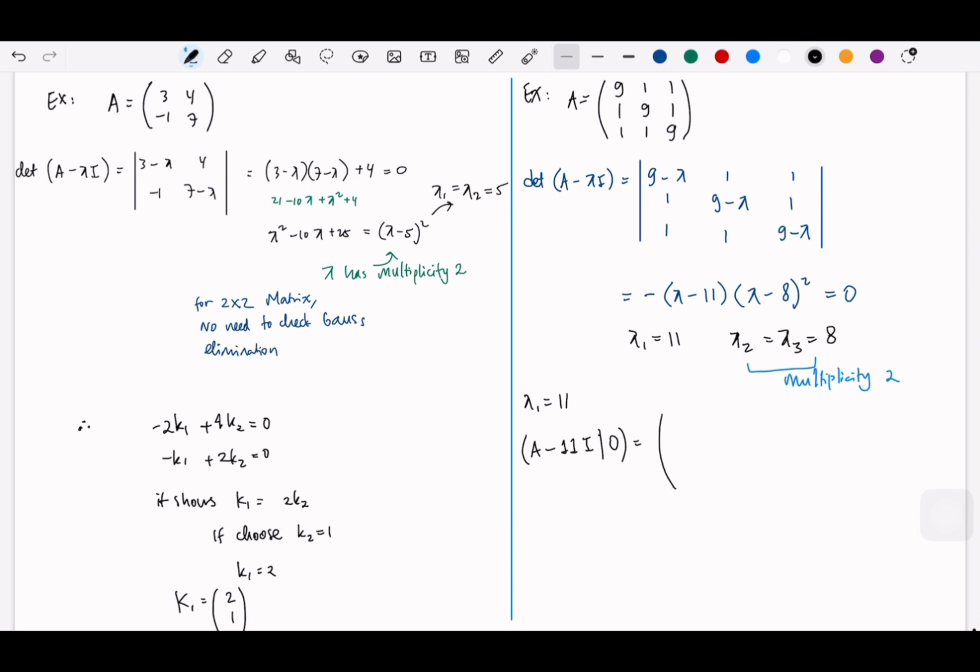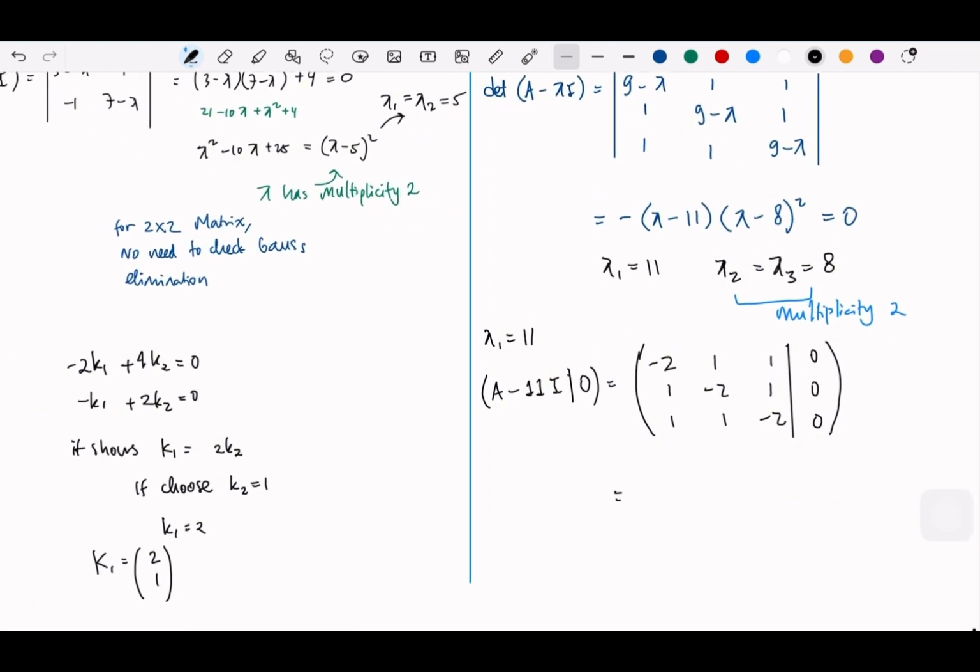This will be 9 minus 11 is negative 2, 1, 1, 1, 1, negative 2, 1, 1, negative 2. And this should be equaling to 0. And we solve this, making the triangular.